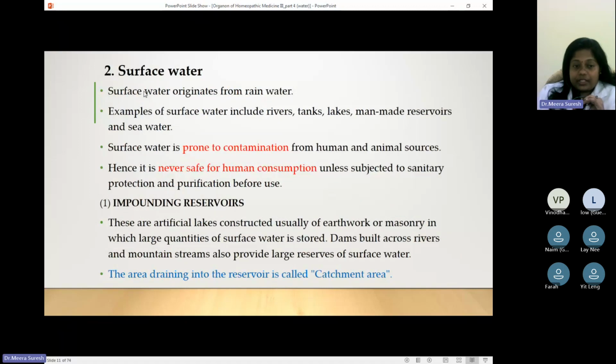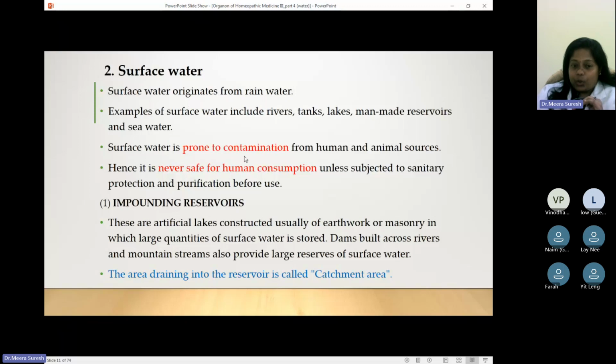The surface water, as we told already, originates from rainwater. Examples of surface water include rivers, tanks, lakes, man-made reservoirs, and also seawater. Surface water is prone to contamination, of course. In rivers, streams, even dams, we tend to swim, bathe, and wash.